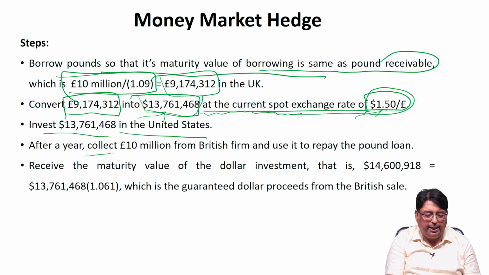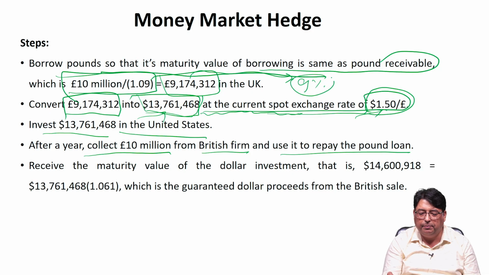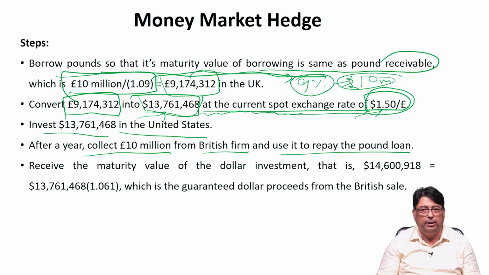After a year, collect 10 million from the British firm and use it to repay the pound loan. Remember, the pound loan is this much, which has been taken at the rate of 9%, so that the maturity value of the loan is 10 million pounds. Now, that amount will be returned to the British lender when the importer pays 10 million pounds.